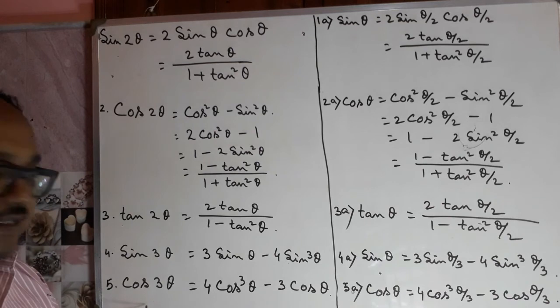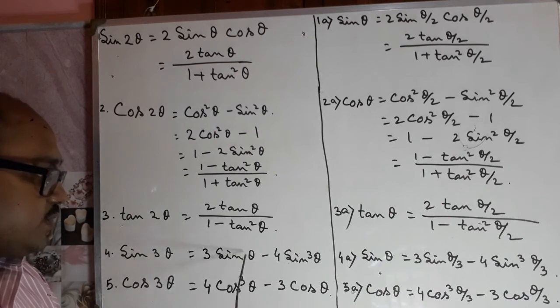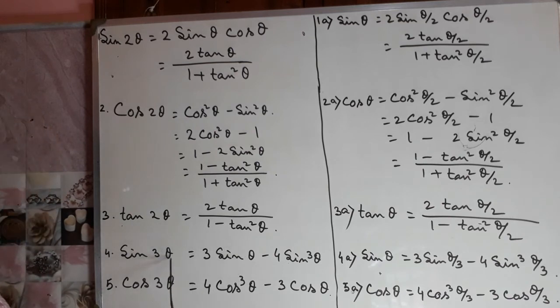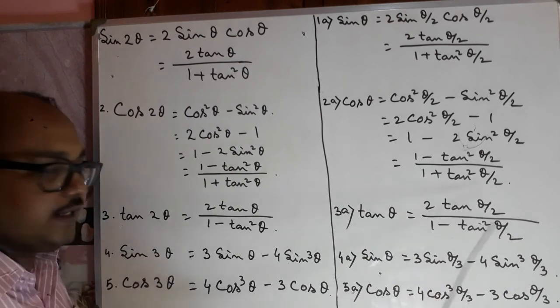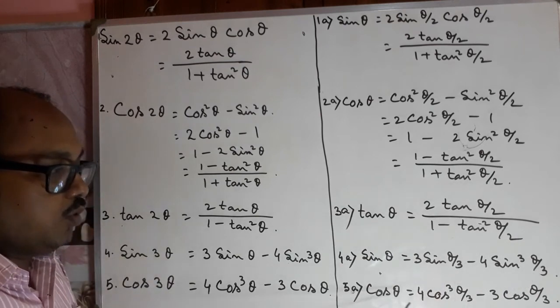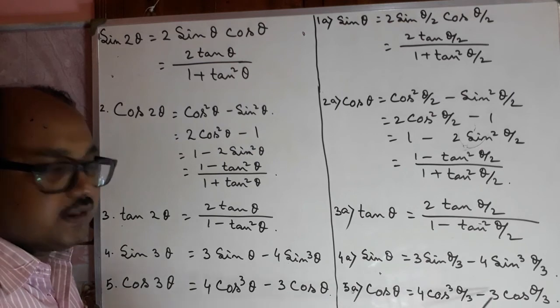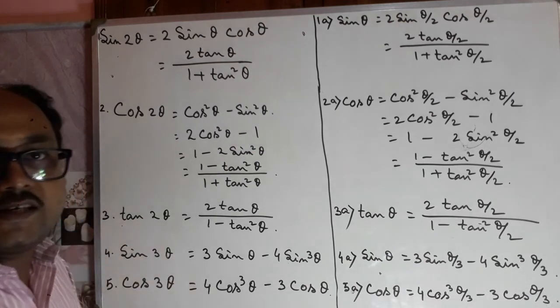In these two cases, θ is replaced by θ/3. To eliminate this 3, we have to replace this θ by θ/3. Then the formula will be sin θ equal to 3 sin θ/3 minus 4 sin³ θ/3, and cos θ will be 4 cos³ θ/3 minus 3 cos θ/3.